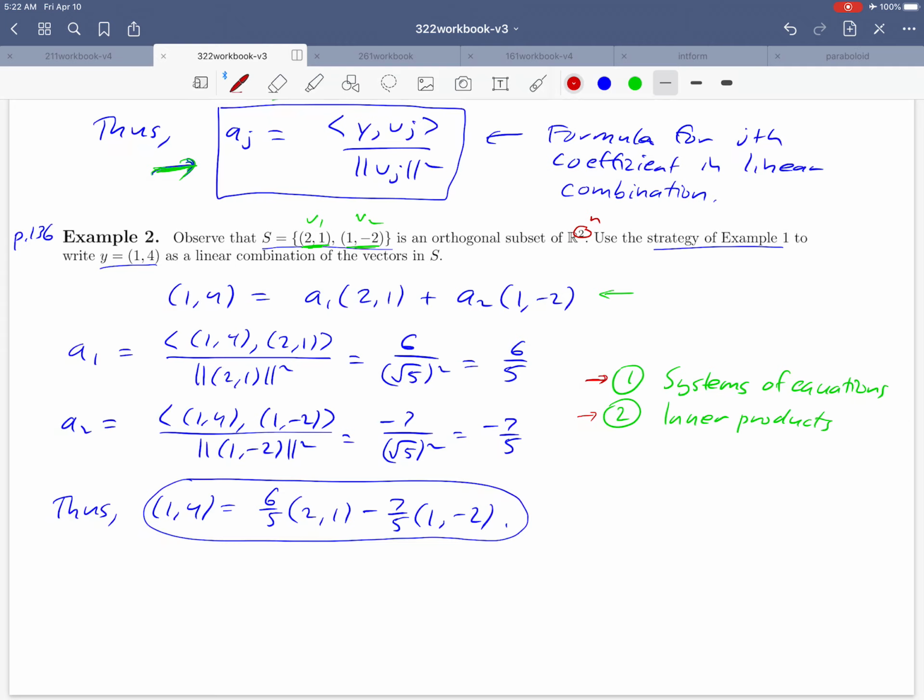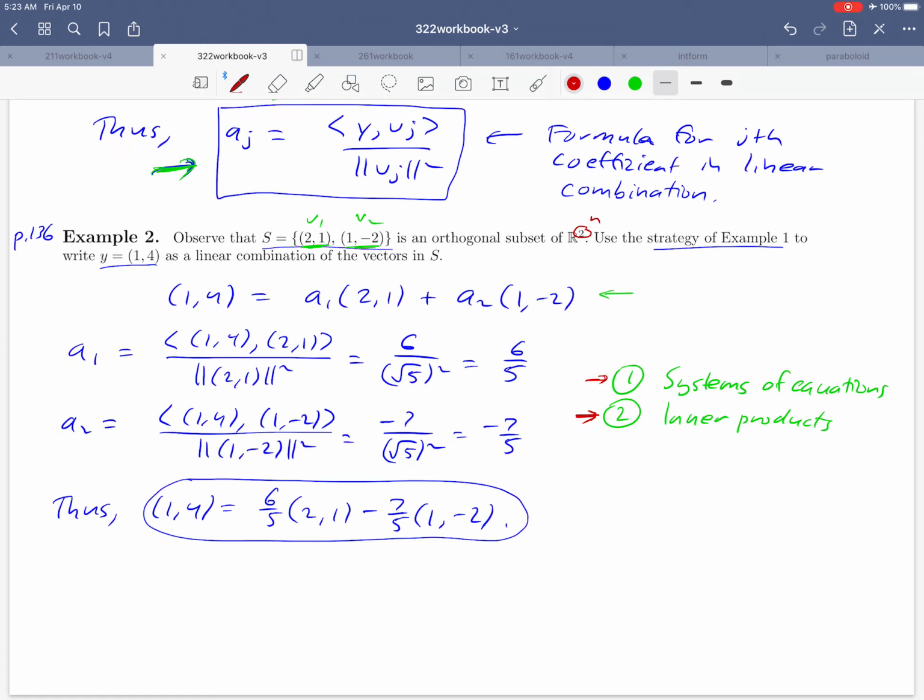But here's the key observation. If the value of n is large, if we were talking about 100 tuples or 1,000 tuples or 10,000 tuples, which is not that unusual of a number in applied problems, it turns out that the inner product method is much more efficient.